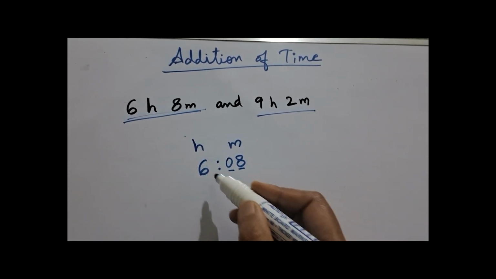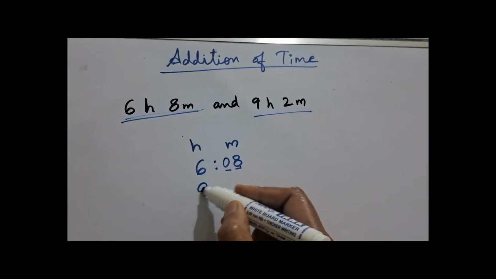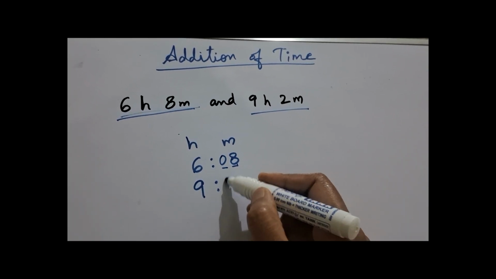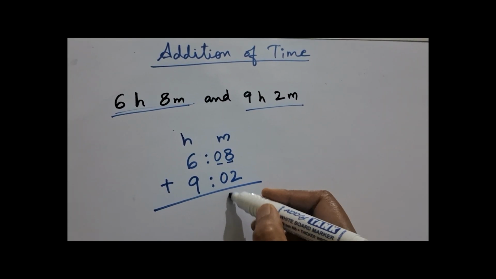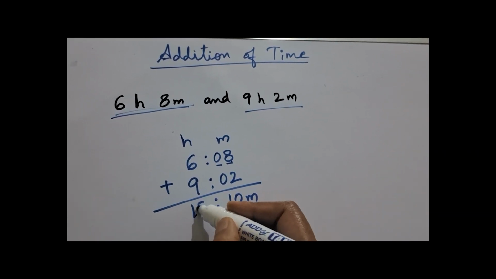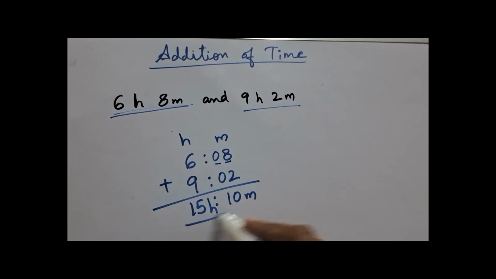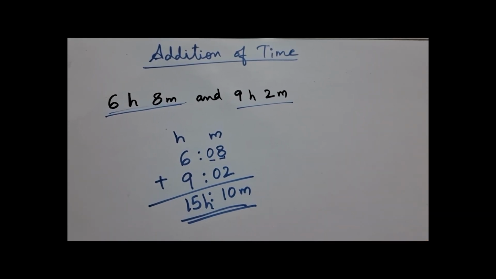Okay, 6 hours 08 minutes. And next, 9 hours 02 minutes. Okay children, now this is 10 minutes, and here this is 15 hours. So our answer is 15 hours 10 minutes.